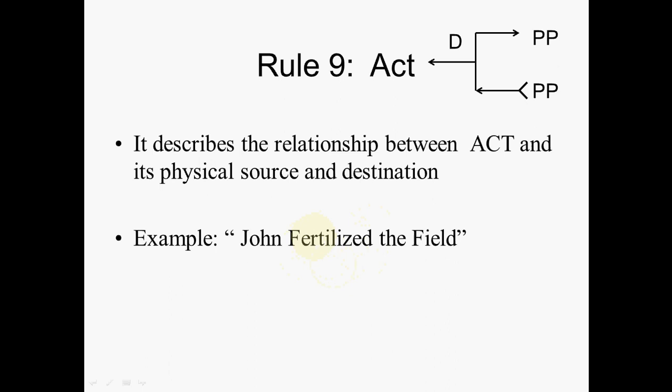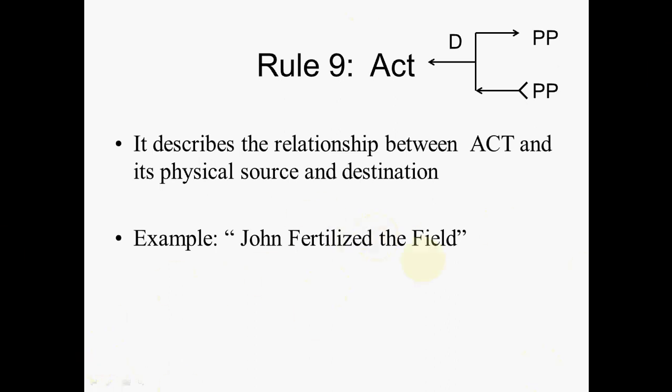The act involved is P trans, physical transfer, and the object involved in this action is the fertilizer, right? The source and destination in this case: the source is the fertilizer bag, so John removed the fertilizer from the bag, and the destination where the fertilizer was placed is the field.